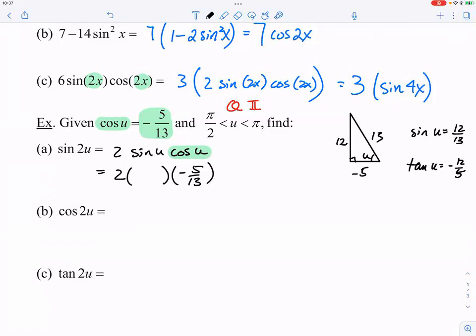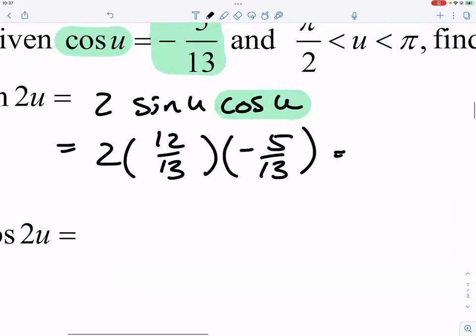So now we can substitute in. Sine u is 12/13, and you just have to compute this fraction. So 2 times 12 times -5 will give you -120 over 169.